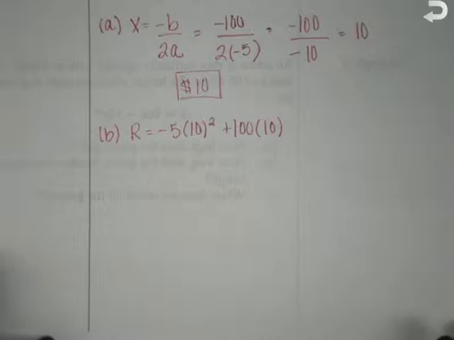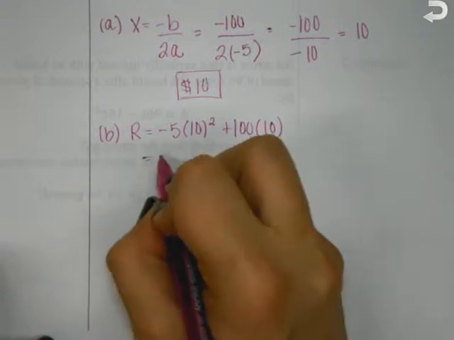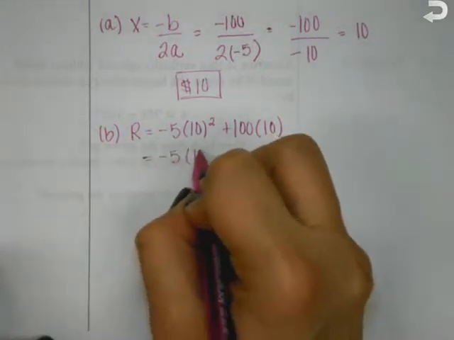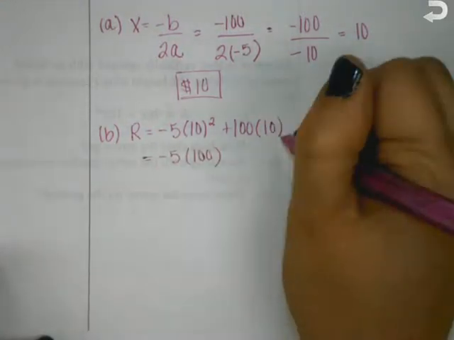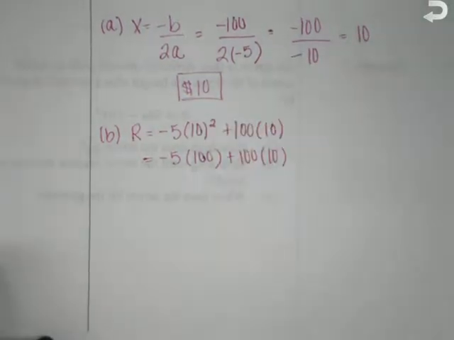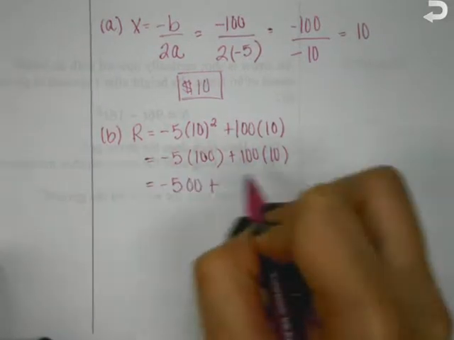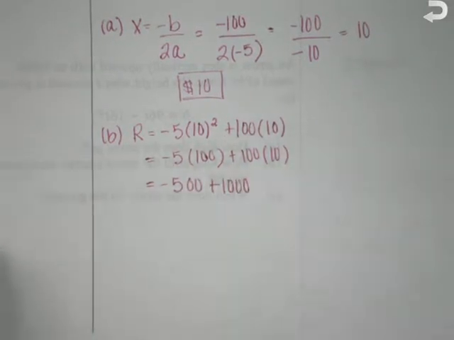So that's negative 5 times 100 plus 100 times 10. So that's negative 500 plus 1,000. So what would my maximum revenue be? $500.